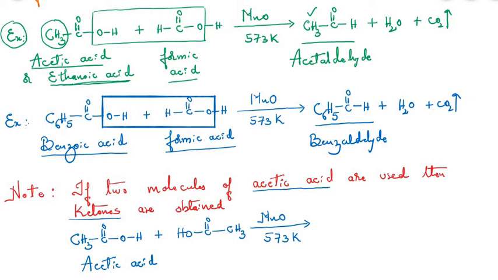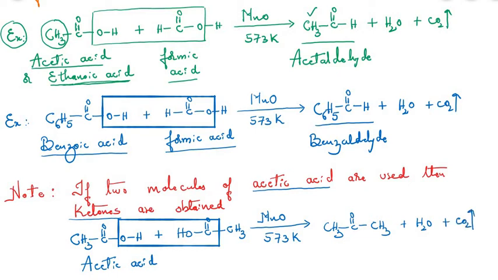Here what happens, two molecules of acetic acid we are using, and here the OH group of one carboxylic acid, and with the other part of the carboxylic acid we are going to eliminate this, and we will be writing the product, that is CH3, then C double bond O and CH3 plus a molecule of H2O and one molecule of carbon dioxide are lost, and this is nothing but acetone. So we are ending with the product that is called ketone. If two molecules of acetic acid are used, then we are having ketones, that is acetone.